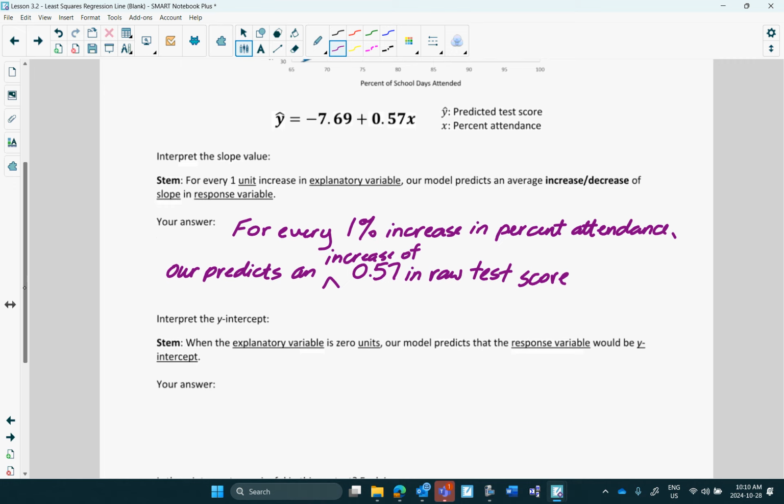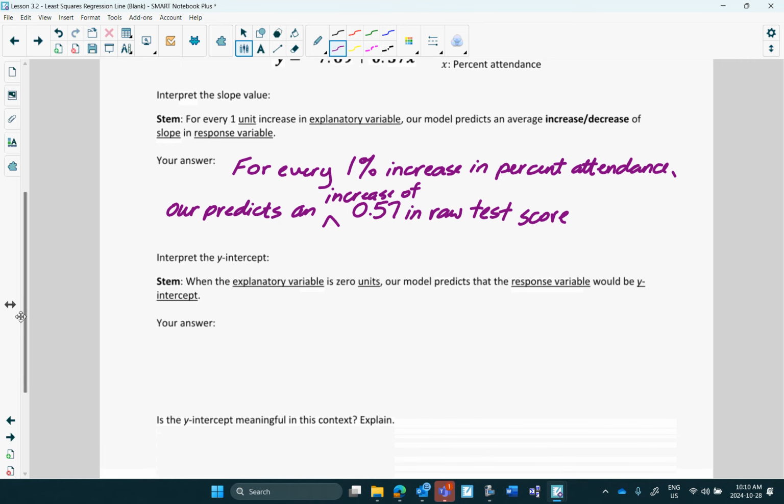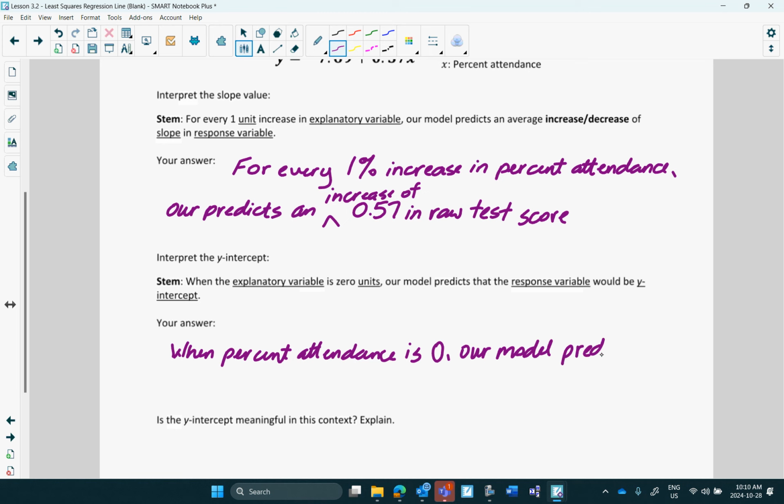So in our example, when percent attendance is 0, our model predicts the test score would be what?